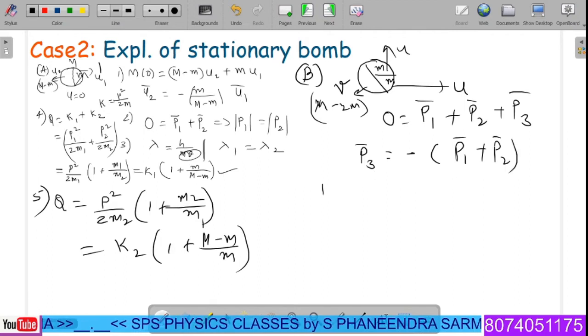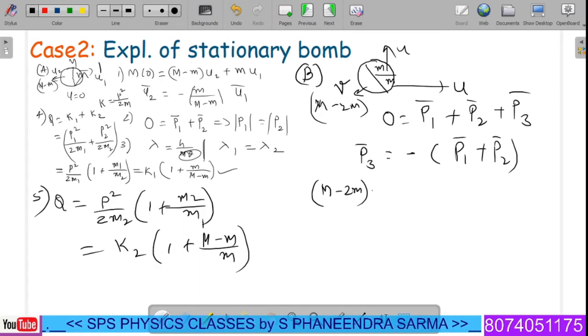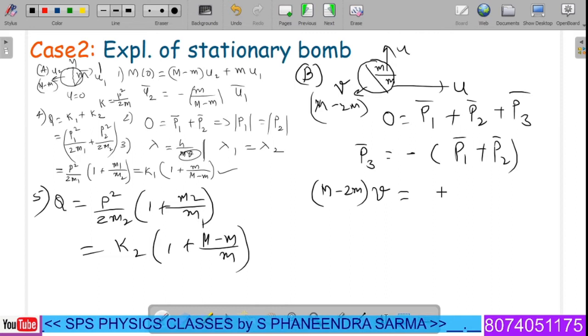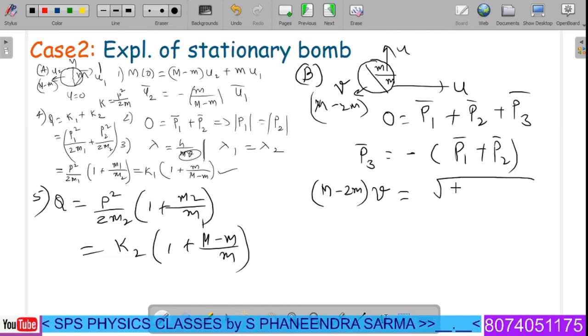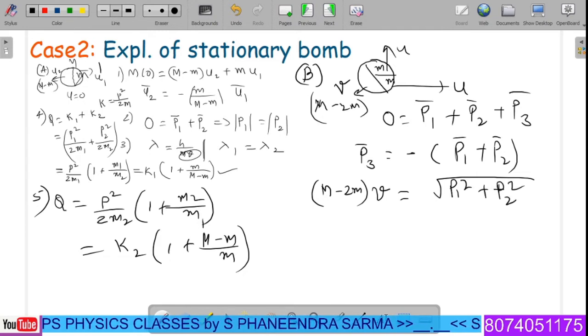When you take the magnitude, mass of the object into the speed of the object, Mv, is equal to, since these two momentums are perpendicular to each other, the resultant under root of P1 square plus P2 square. This is the magnitude of the momentums, because momentum is a vector quantity, so we need vectorial addition. Two segments perpendicular means theta is equal to 90 degrees here, so the parallelogram law is used here.